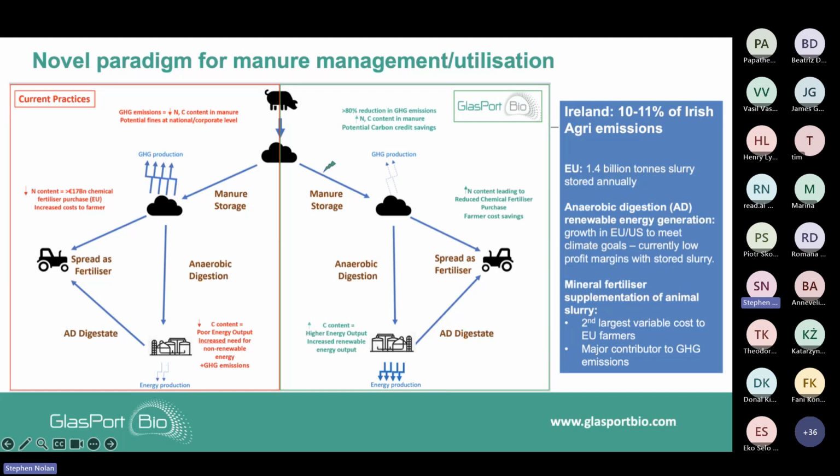If you allow the release of gas during storage, you lose some of the value in terms of nitrogen for fertilizer or in terms of carbon for the anaerobic digestion process. So our approach is to tackle the manure storage stage, treat it and reduce emissions, thereby capturing or trapping those nutrients in the slurry for downstream utilization.